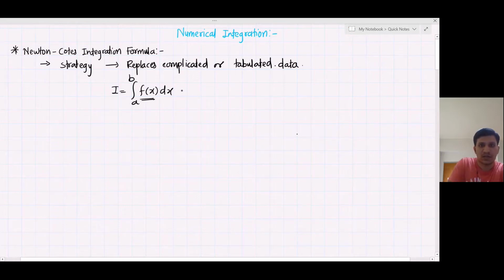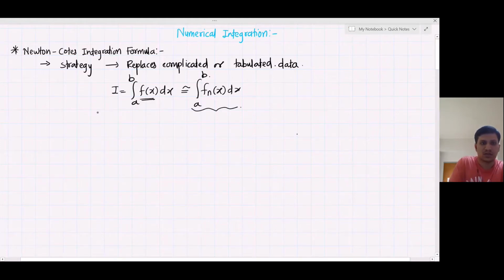So the technique used in this method is we replace that complicated function with some polynomial of nth degree and calculate the integration, which is an approximated integration that has some errors. We will discuss how to reduce that error in the following.